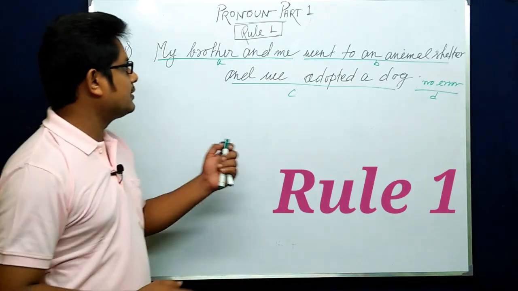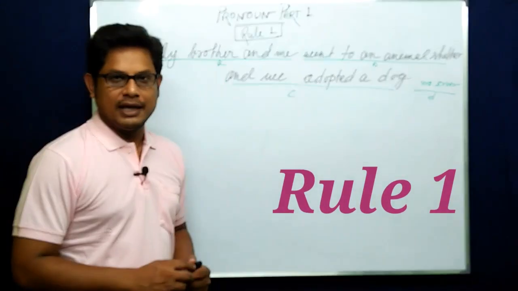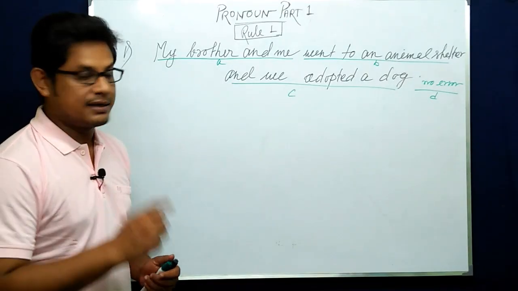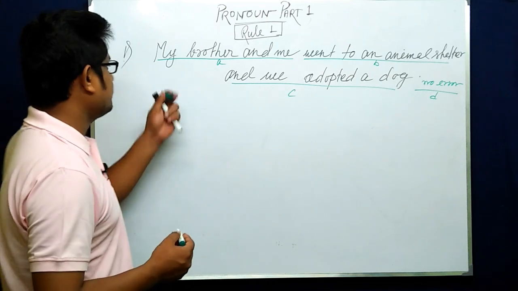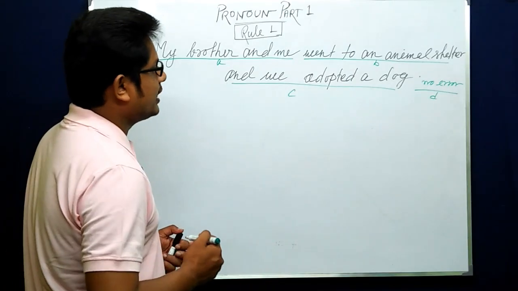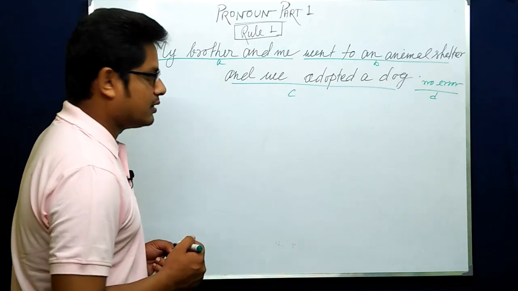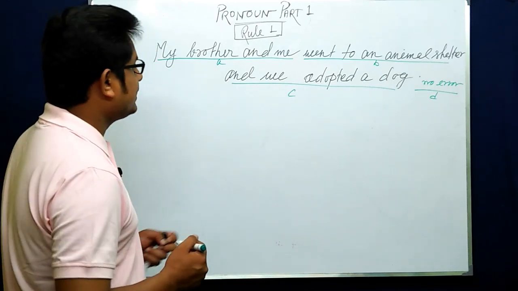Okay students, so let's start rule number 1, and we learn rule number 1 through an error correction sentence. So we have a sentence: My brother and me went to an animal shelter and we adopted a dog, right? And I have divided this sentence.